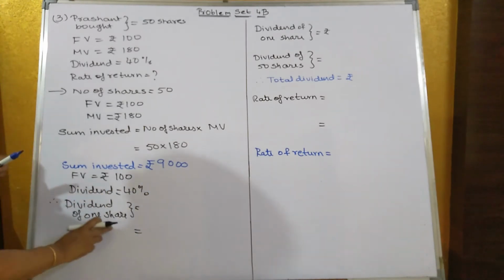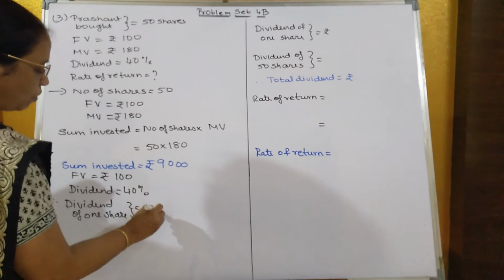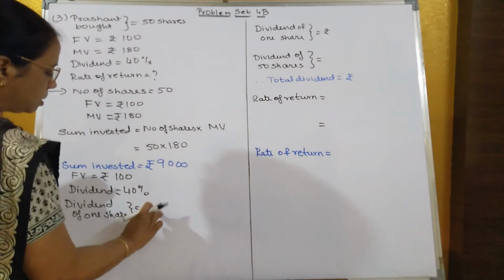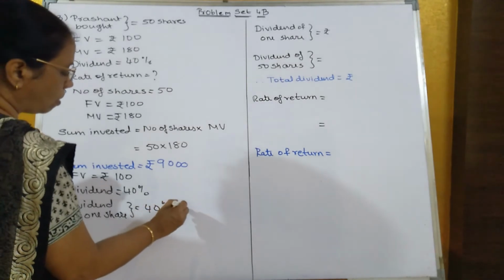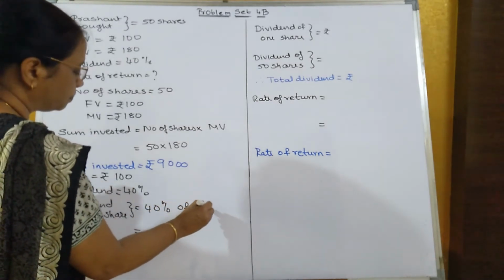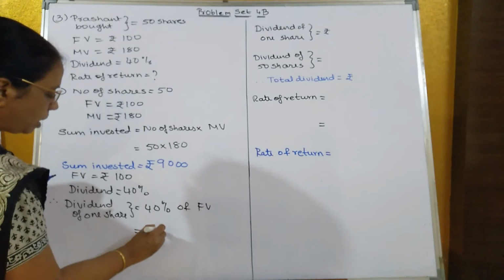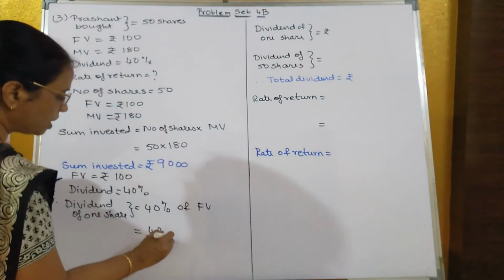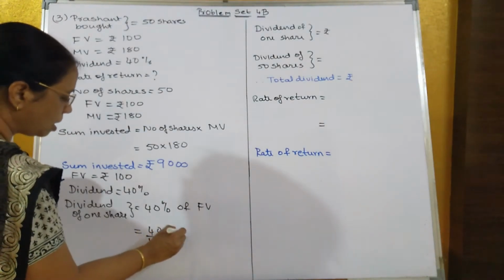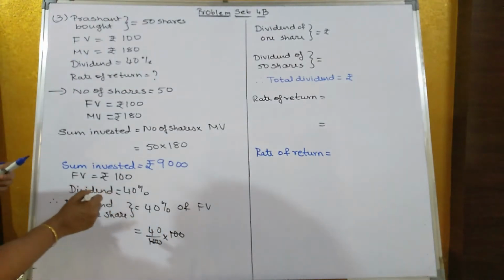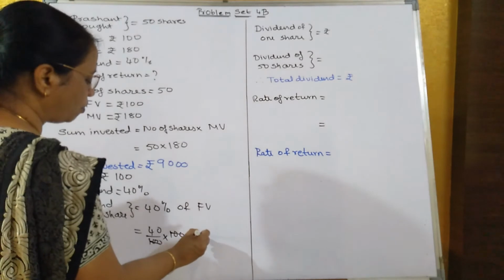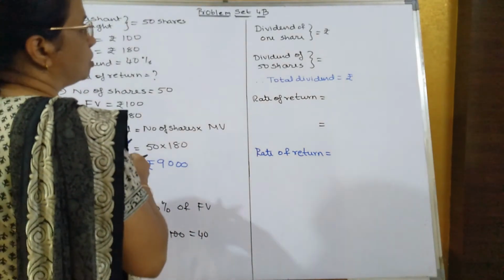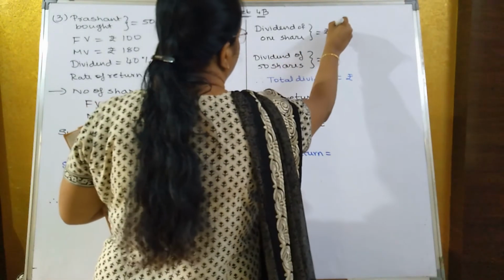So dividend of one share is equal to 40% of face value, that's 40 upon 100 into 100. 100 and 100 will go away. So dividend of one share is rupees 40.